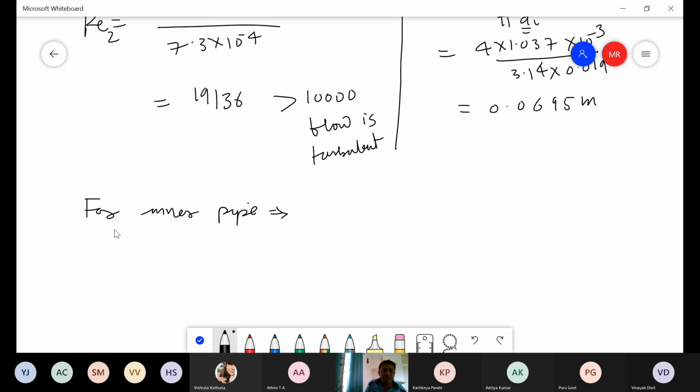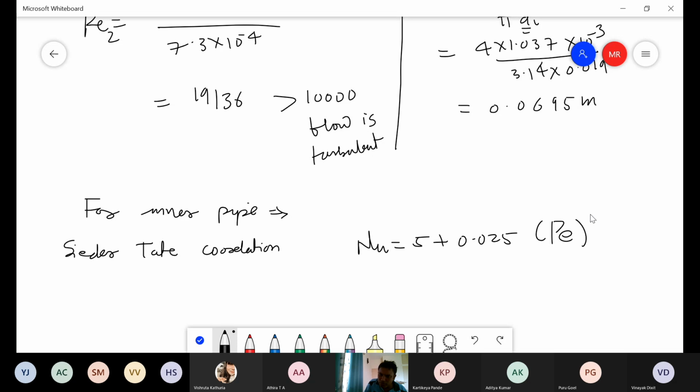The correlation by Seider and Tate. The Seider-Tate correlation is given as Nu equals 5 plus 0.025 into Peclet number raised to the power 0.8, isn't it?